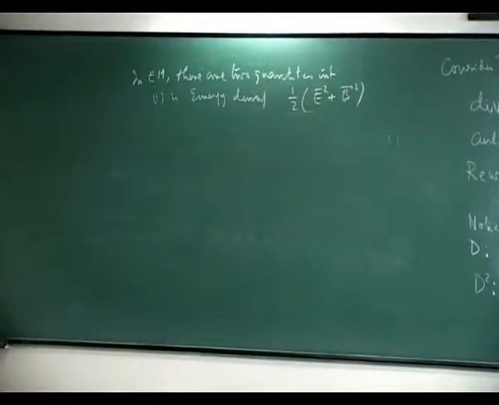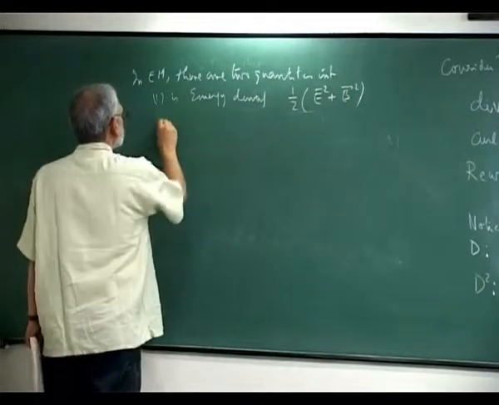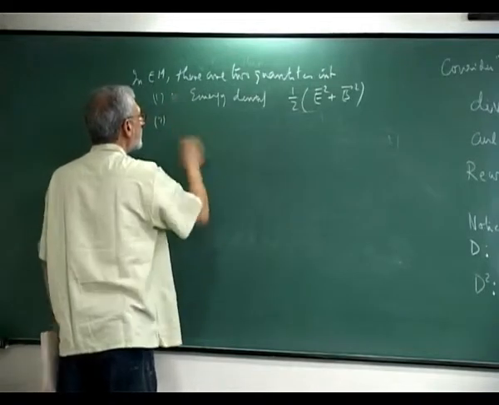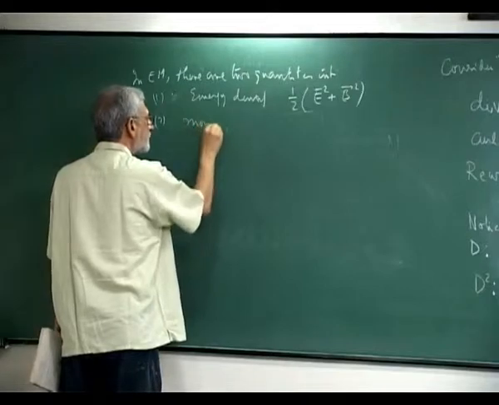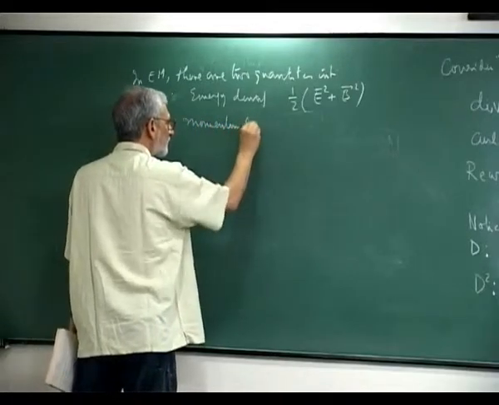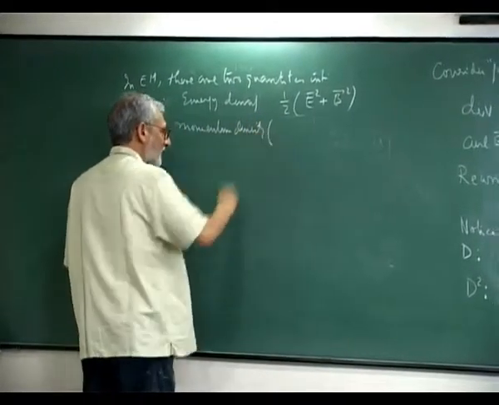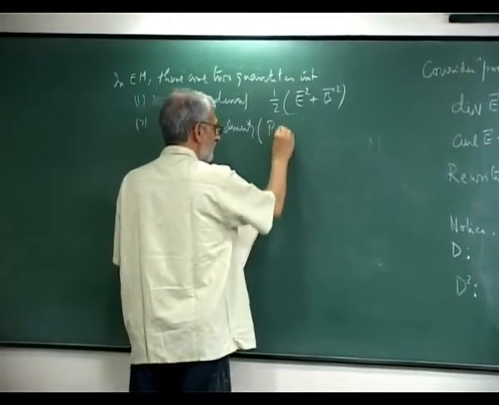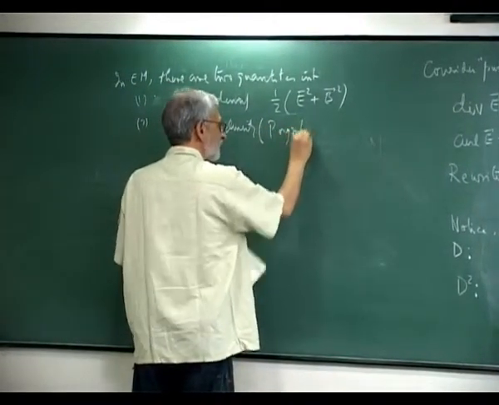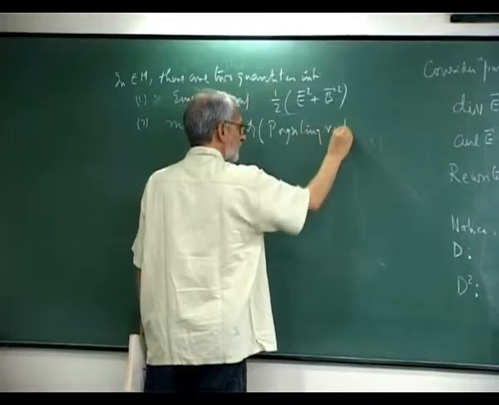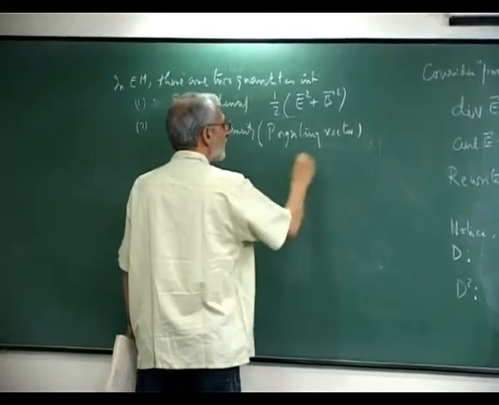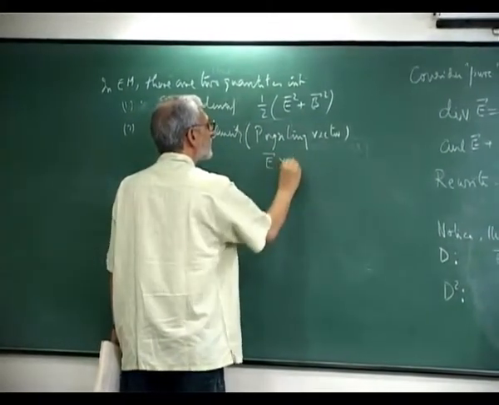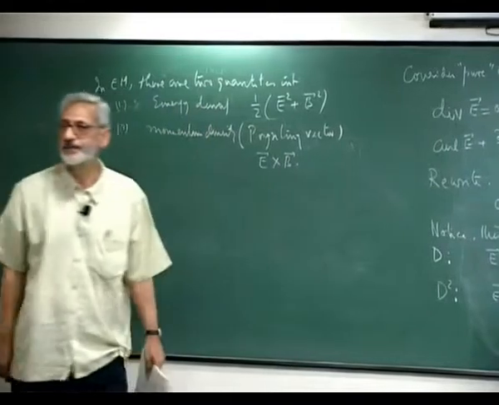That's the energy of the electromagnetic field. The second object is the momentum density, which is also given a name, the Poynting vector, and that object is E cross B.